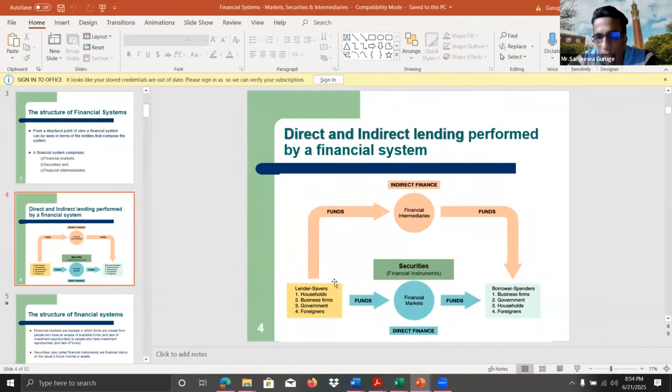Direct finance means the organization directly meets its financial requirement by issuing securities, financial instruments, maybe equity, maybe debt. But indirect finance means they try to meet the requirements using financial intermediaries.